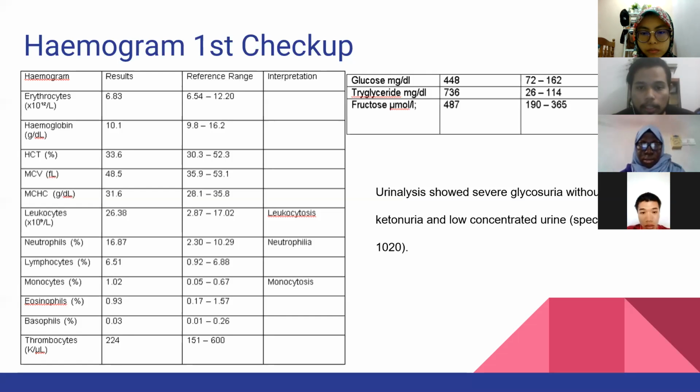So if the specific gravity is only 1020, we could say that this cat might have an underlying kidney disease.